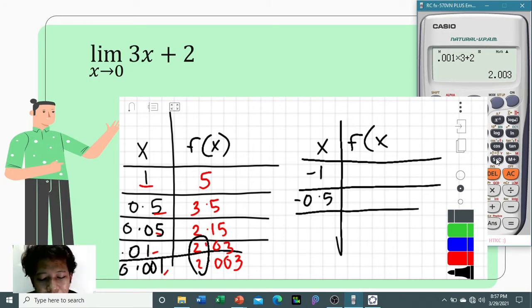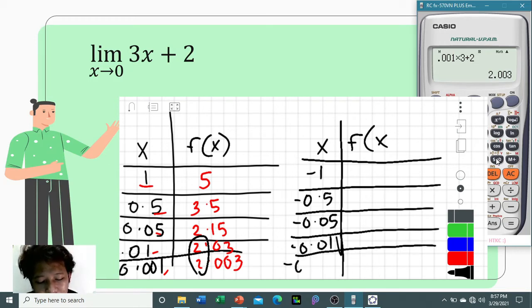We may also have negative 0.05. And then if we want something closer, we have negative 0.01, and we would also have negative 0.001. You may also have negative 0.0001 so you have assurance that it really indeed approaches a certain value.